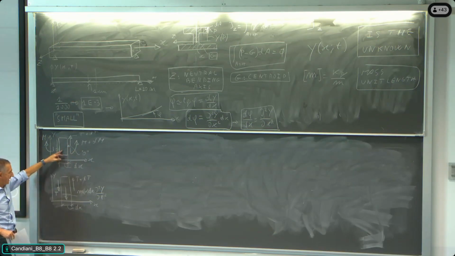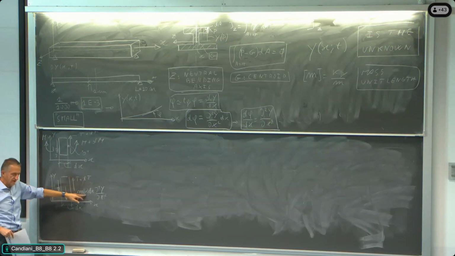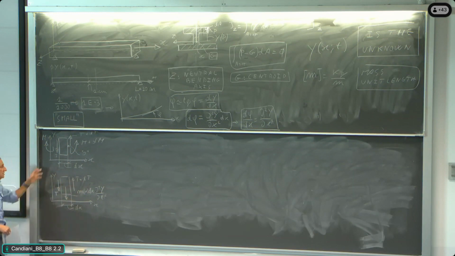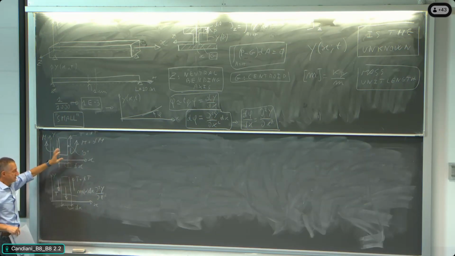Then m is the mass per unit length, so kilos over meter is the dimension. m could be a function of the location in space. So we are considering a monodimensional beam. And of course we are taking the moment with respect to a point, like here, incremented. The bending moment is a function of the running coordinate.